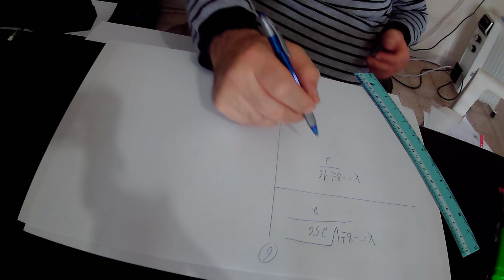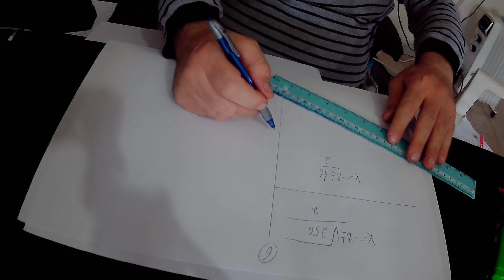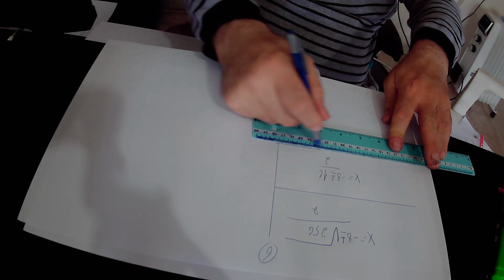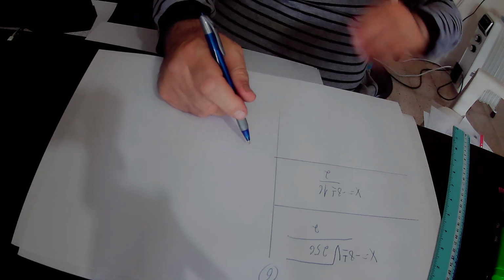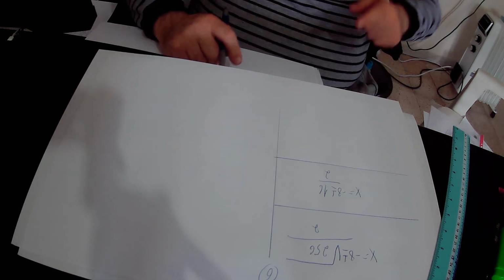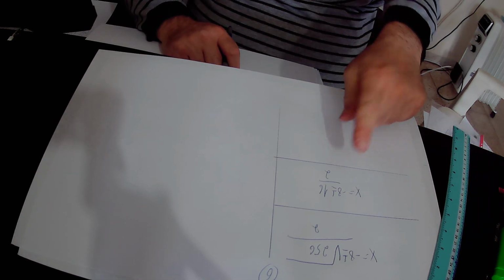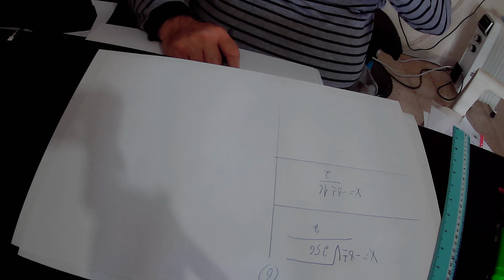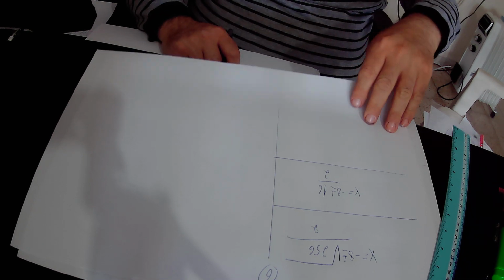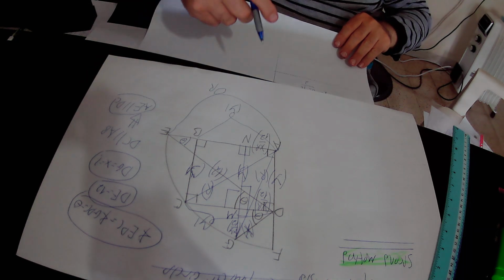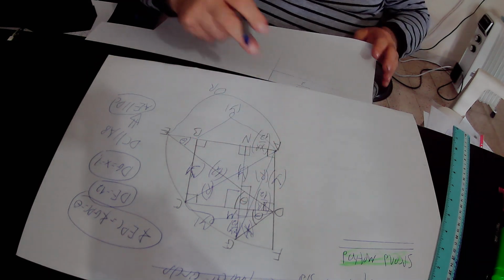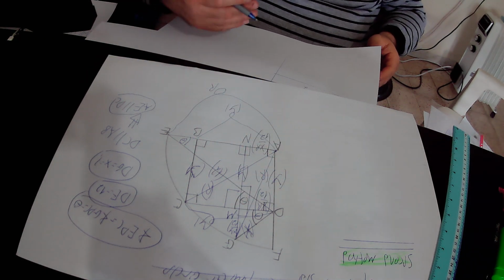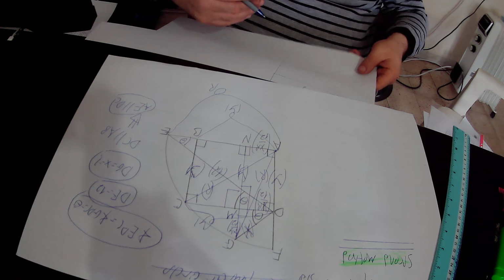So here we have two possible solutions for x. One of those two solutions is a negative solution, because minus 8 minus 16 is definitely a negative number. And because x is the length of this line DG, x is a length, it must be a positive number.